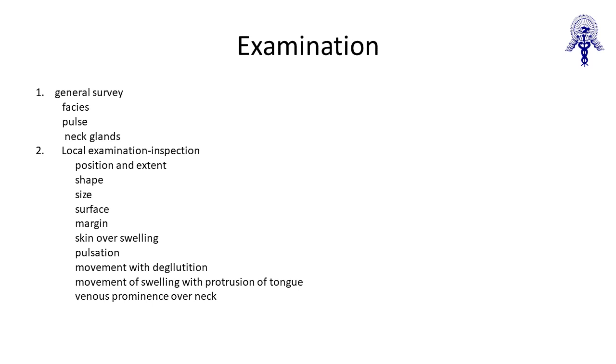Inspection: position of the patient, shape, size, surface, margin, skin, pulsation, movement with deglutition. This is very important. Sometimes a thyroid swelling is better diagnosed by inspection than palpation. Movement of swelling with protrusion of tongue, and any venous prominence over the neck, which may be seen in retrosternal goiter.